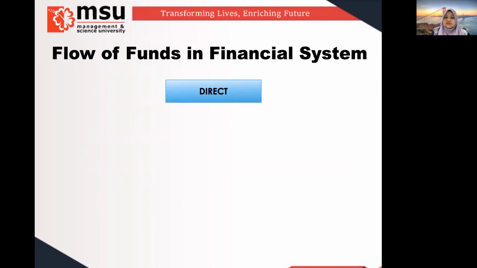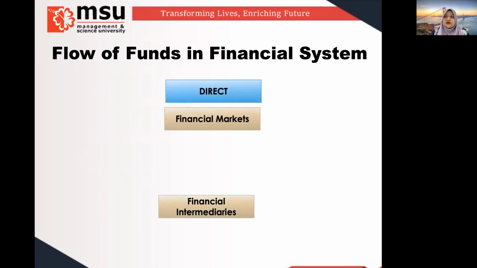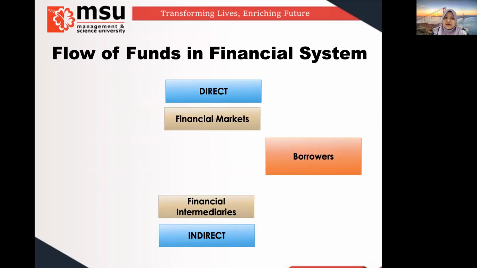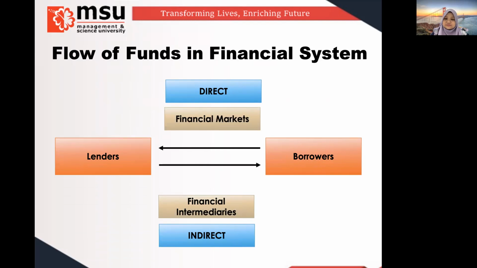All right, so in short, the flow of the financial system is explained using this flow of funds. So there are direct markets and there are indirect markets. Financial system consists of borrowers and lenders. So how these borrowers and lenders interact together is through direct interaction.